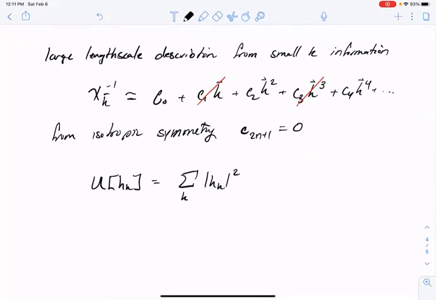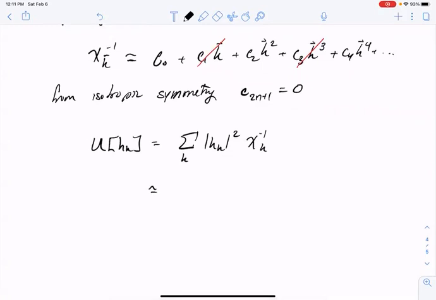If we wanted a Gaussian approximation, that would be bilinear in h of k with some chi inverse describing its fluctuations, which in this large length scale isotropic limit is determined just by a few numbers, some C0, a C2, and a C4.